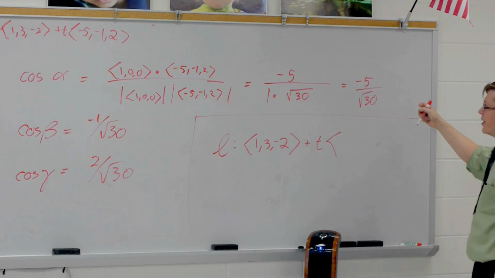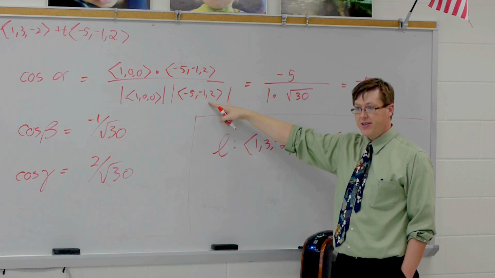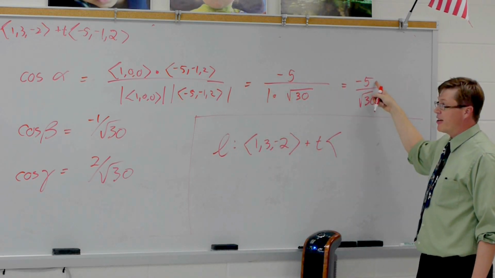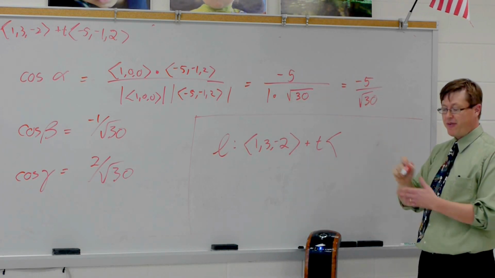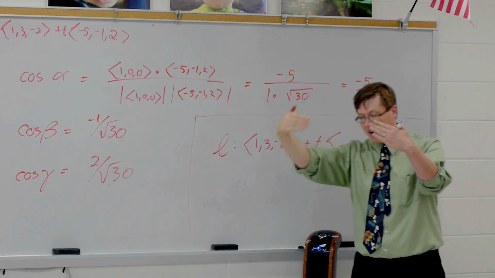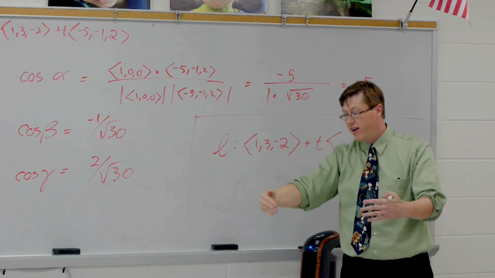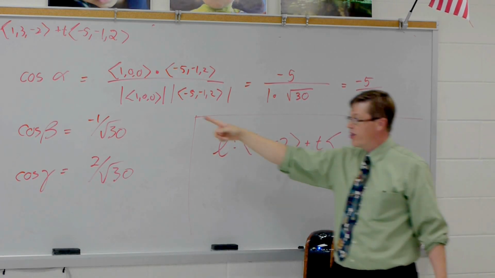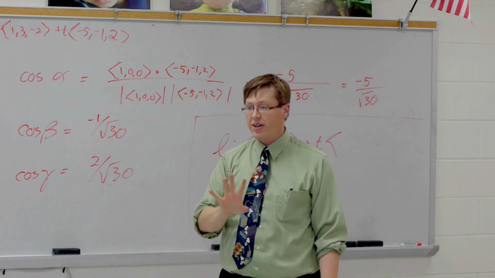Sort of, because the length of this vector is root 30, so you can think of that as the hypotenuse, and -5 is the x component. If you actually drew it in 3-space, you could draw a triangle on that side that had root 30 as the hypotenuse and the x component as the adjacent. Then you could draw another triangle in the y direction, and another in the z direction. So that's absolutely valid thinking.